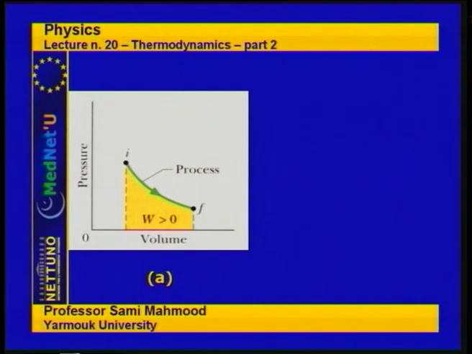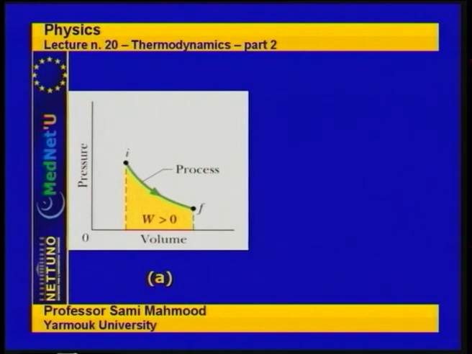And we have examples here. For example, suppose the system has an initial state I and a final state F. If the system is taken from the initial state to the final state, and this curve with the arrow shows the path of the transition from I to F on the PV curve.